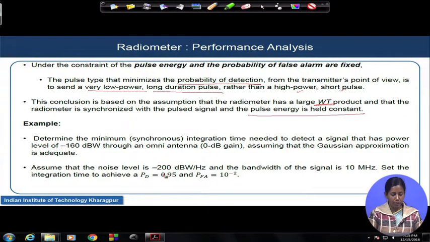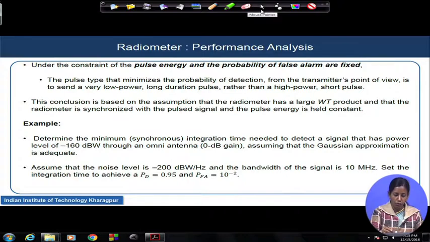We have the other information: the noise level is equal to minus 200 dB watt per hertz, the bandwidth of the signal is equal to 10 megahertz, and we wish to have a detection probability of 0.95, where the false alarm probability is equal to 10 to the power minus 2. So, how to proceed?